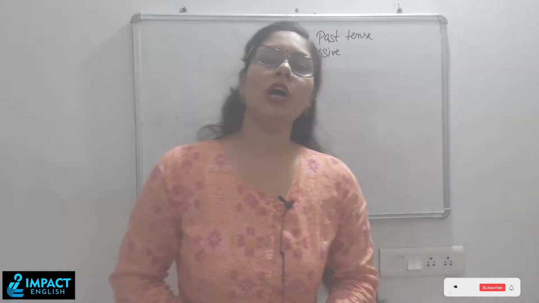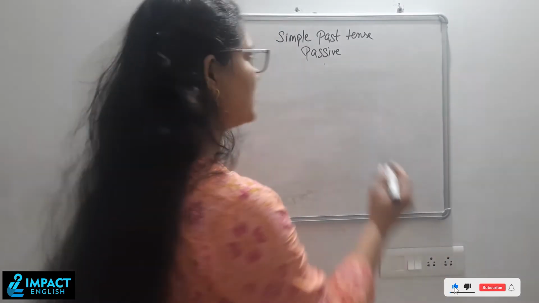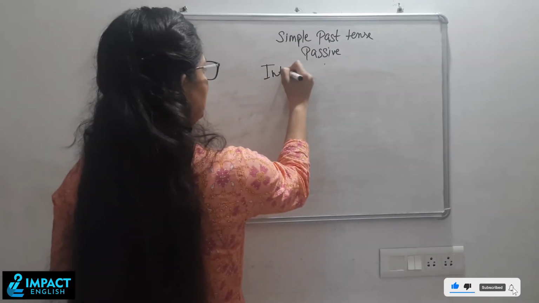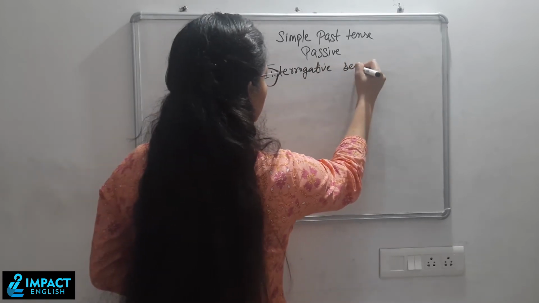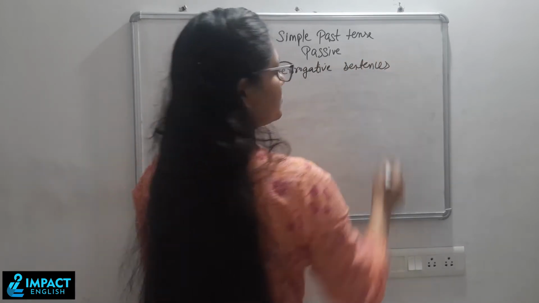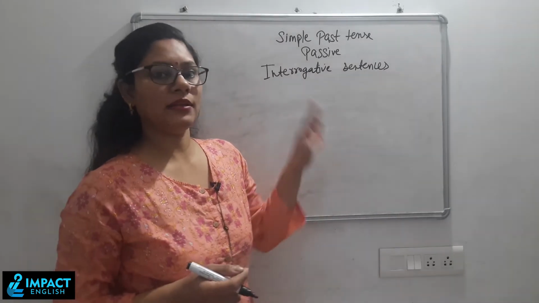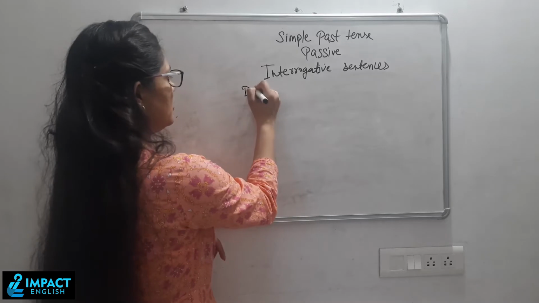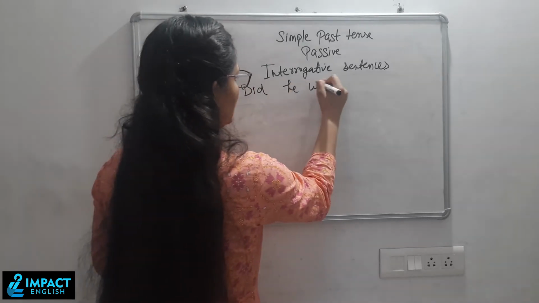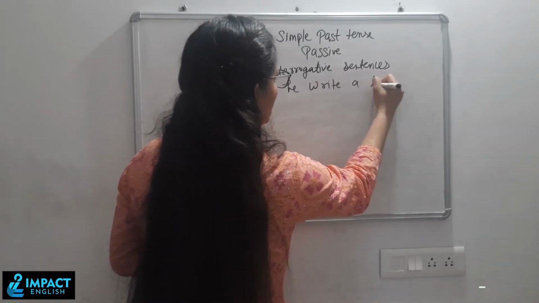Now we will learn about interrogative sentences. As I told many times, it starts with a helping verb and ends with a question mark. Now see here, did he write a letter?